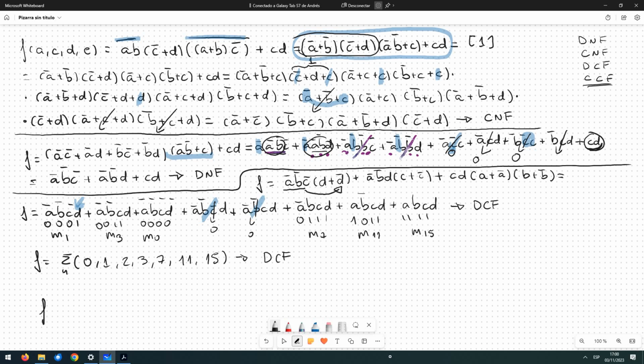So the function expressed as a product of max terms is going to be the zeros. So we take the gaps of the mean terms. It's going to be the following.